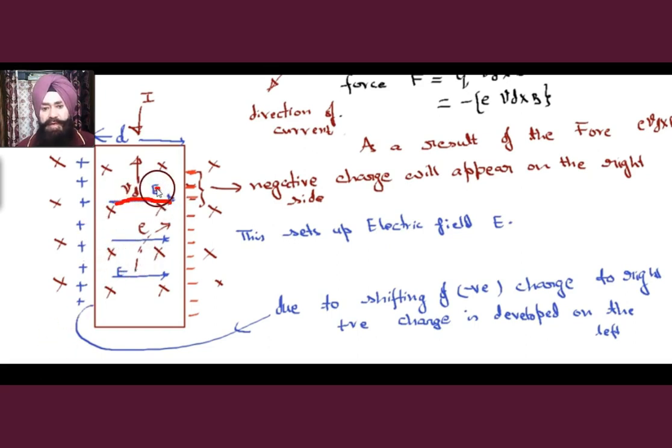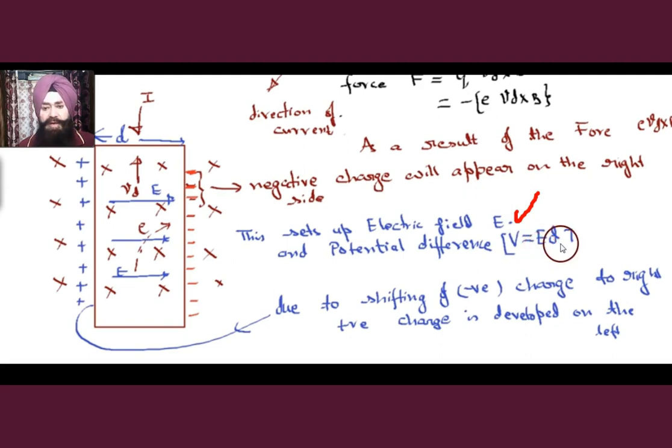The direction of the electric field is always positive to negative. So an electric field develops. Electric field means potential difference because they are related.